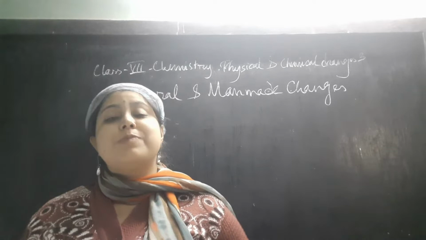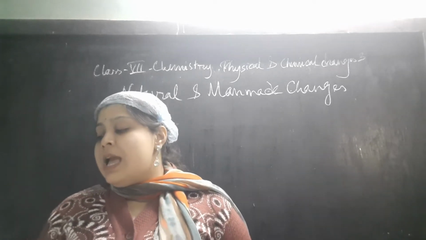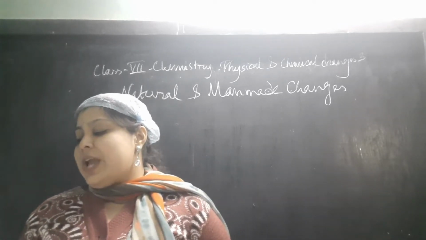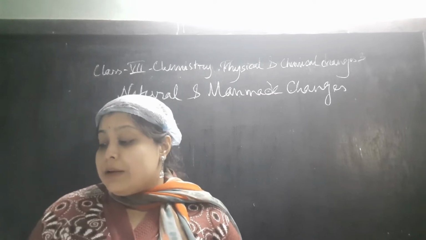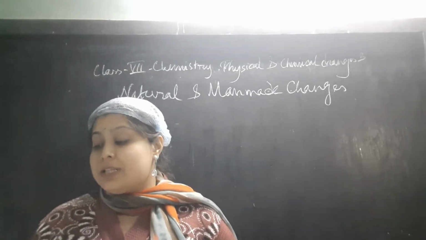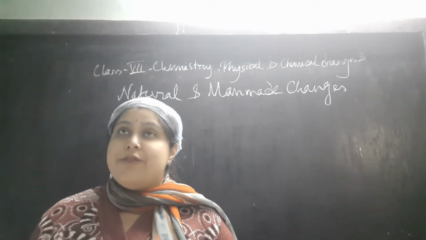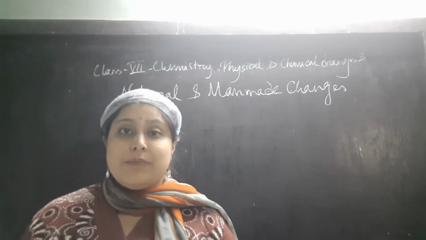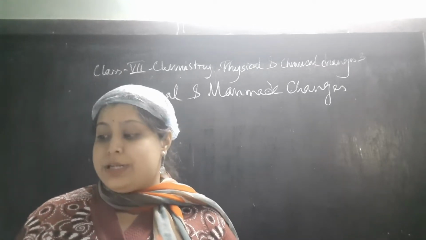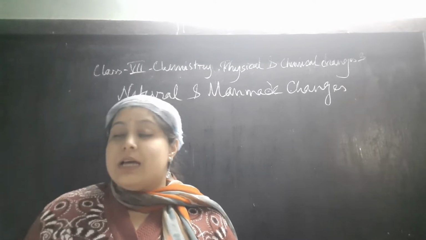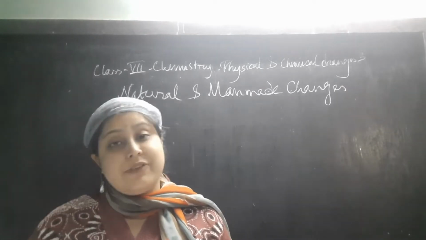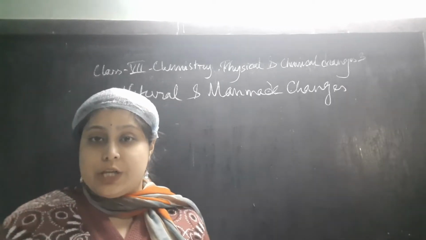It is produced by nature. Examples of natural change are day-night, the change of seasons, food ripening, earthquakes, and the growth of living organisms.